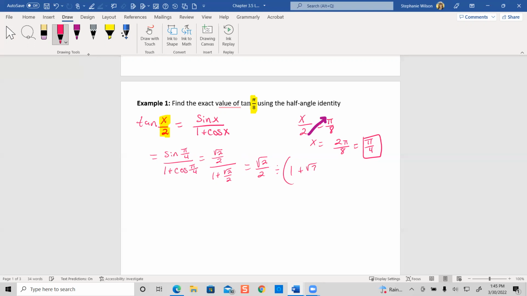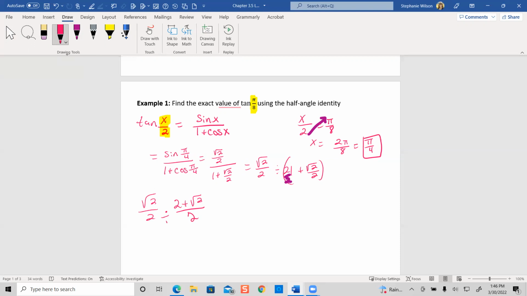So what do I see here? I need to add this fraction to this whole number, so I need a common denominator, which in this case is 2. So I have square root of 2 over 2, divided by 2 plus the square root of 2 over 2. I haven't done the keep change flip yet.